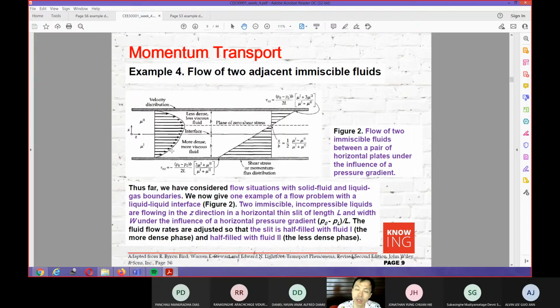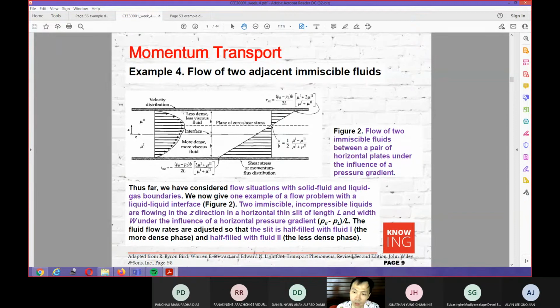What we do know is that we have two boundary conditions. We have two interfaces. One is where the solid is in contact with the liquid at the bottom, and the velocity should be 0 because the slit does not move. And the one on the top, the velocity should be 0 as well because the slit also does not move on the top.